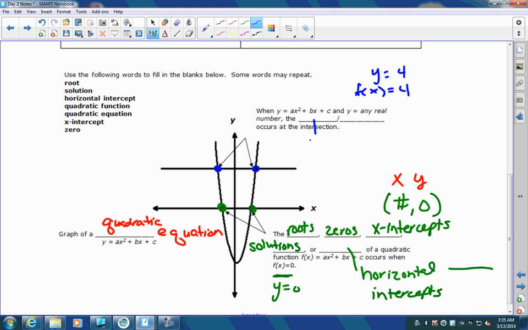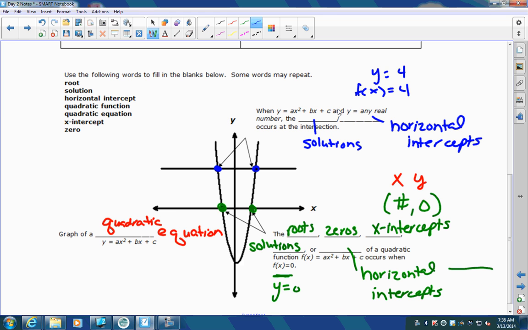Those points are called solutions and horizontal intercepts. You have to figure out what it is set equal to so that you know what you're looking for. But when it asks you what are the roots of a quadratic equation, they want the x-intercepts.